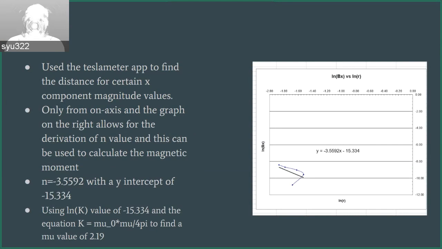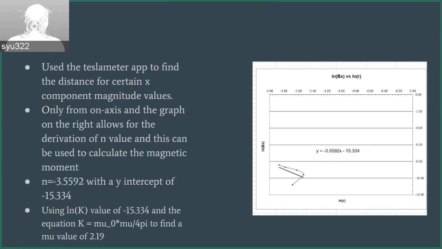As you can see on the graph on the right, this is only from the on-axis measurements. This graph measures the ln of Bx over the ln of r, and allows us to derive the n value and also the y-intercept, or otherwise the ln k value.